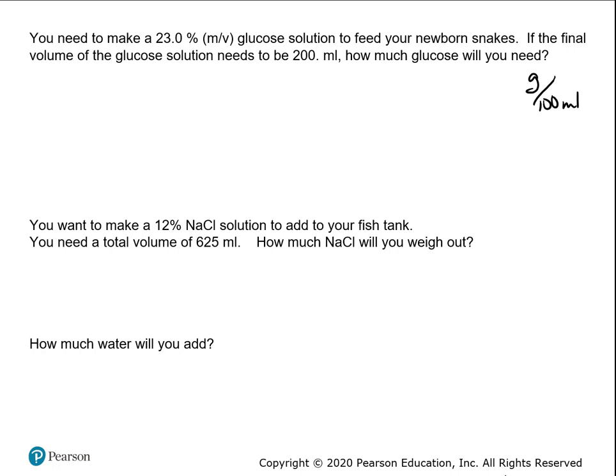So I want to know how much glucose. I want to know glucose in grams, right? When I want to know how much glucose, I know that I need to find grams of glucose. Concentration times volume equals grams of your solute. So what's my concentration? 200? Nope. I know concentration.